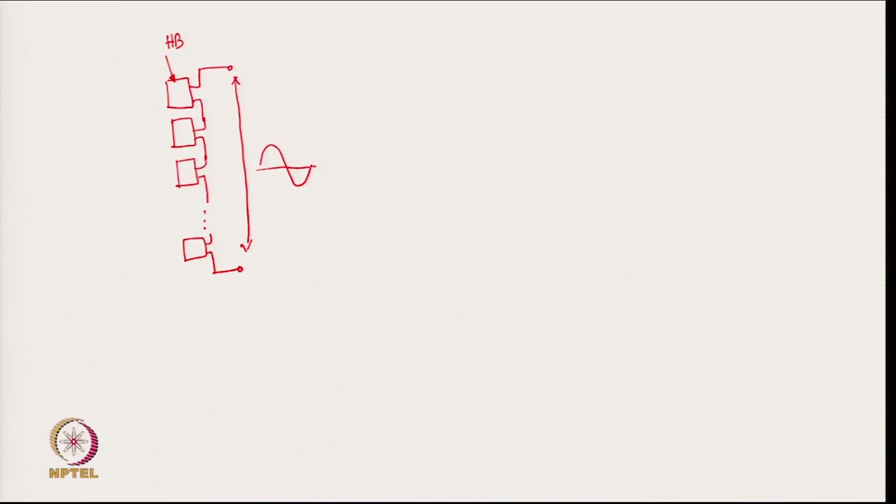Now, how do we get that sine wave? The phase shift PWM does that very easily by asking each of these H-bridges to produce 1/n times the amplitude of the sine wave.